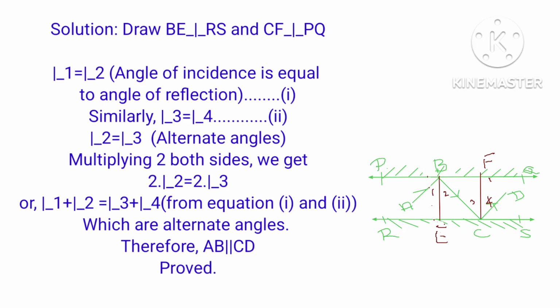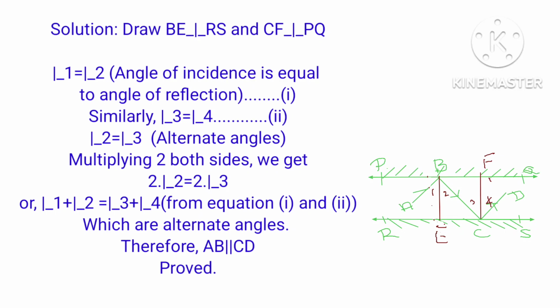Multiplying 2 both sides, we get 2 into angle 2 is equal to 2 into angle 3. 2 into angle 2 means angle 2 plus angle 2, or we can write angle 1 plus angle 2, because angle 1 is equal to angle 2. Similarly, 2 into angle 3 means angle 3 plus angle 3, or we can write angle 3 plus angle 4, because angle 3 is equal to angle 4.